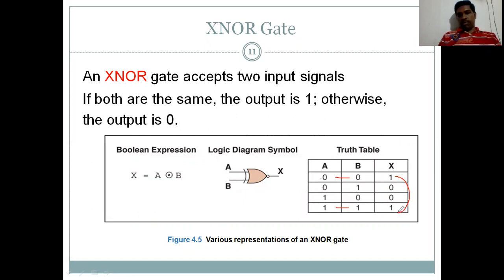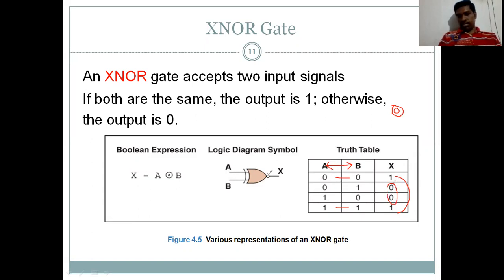Okay, in the previous XOR gate, I said when two inputs have the same values, then output will be 0. But now, when we have two same equal inputs, for this gate, output will be 1. In the rest of all conditions, output is 0. Okay, the opposite of the previous one.